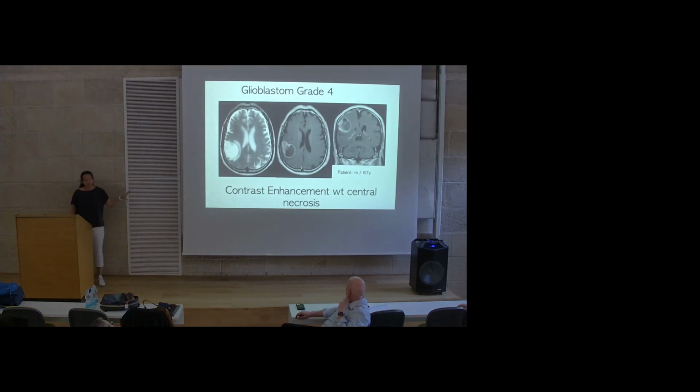And this is one of the classic pictures of a WHO grade 4 glioma, so a rapidly growing glioma. This is again T1 because fluid is dark, with contrast enhancement, and you can see all these light spots in the ventricle. These are vessels.